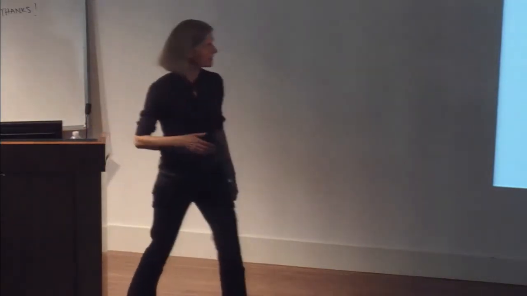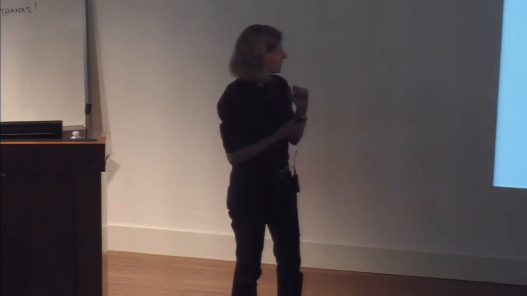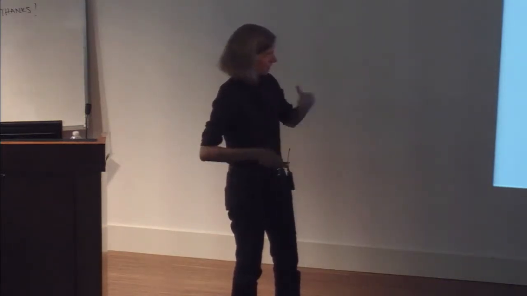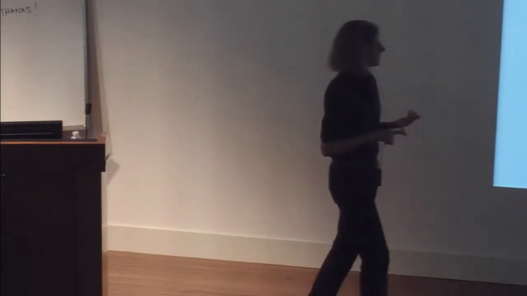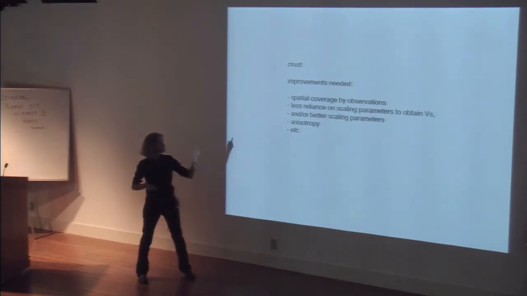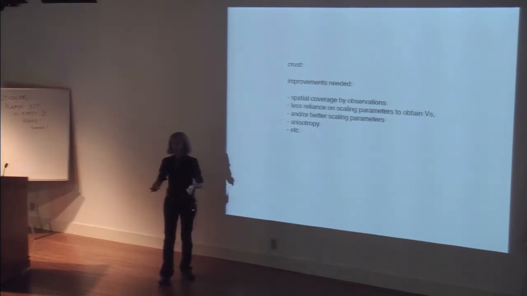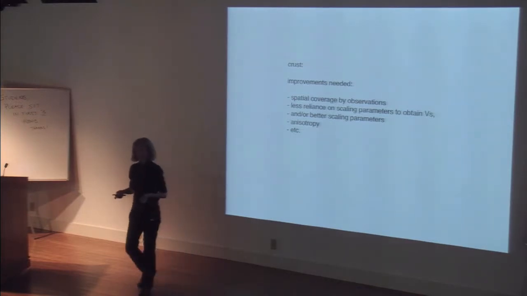So I think we already identified some improvements needed in the crustal model, and this was at the beginning of a long list, partly just spatial coverage, because we're basing a lot on where those triangles were on that first map. One thing the surface wave maps that I just showed you have the promise to do is improve the constraints on the crustal structure, independent of just those refraction measurements.